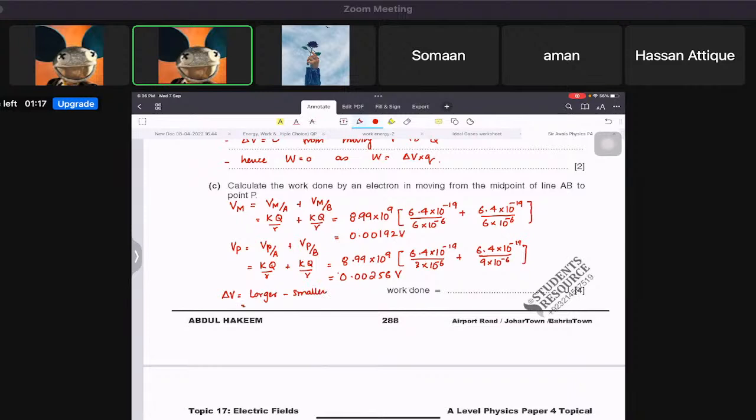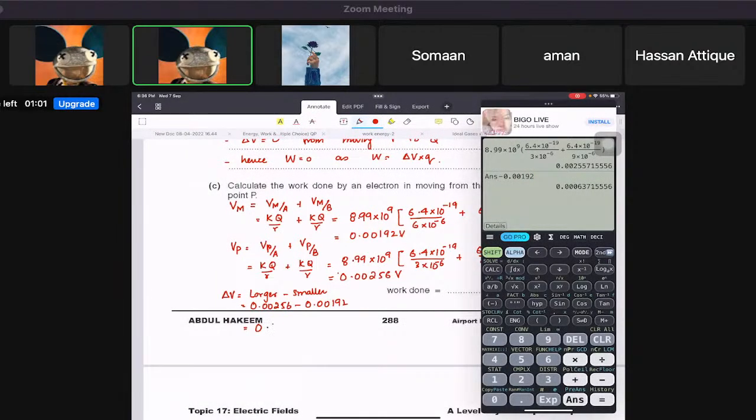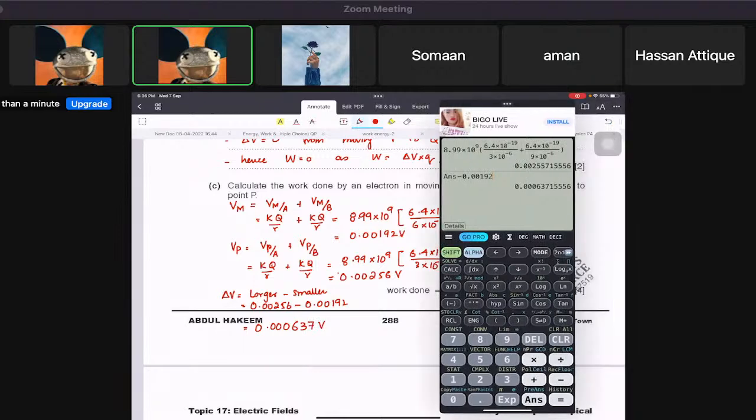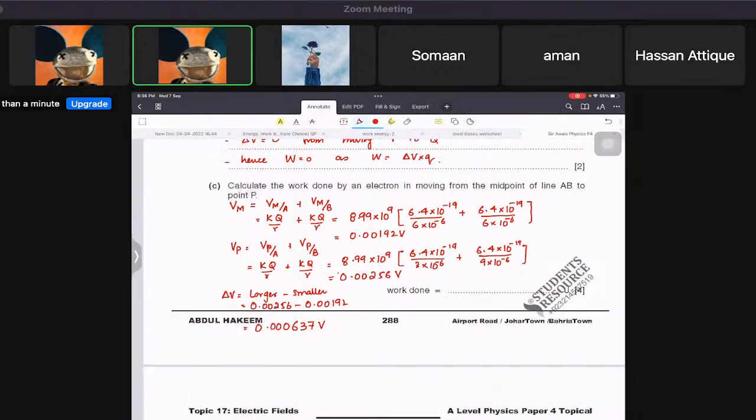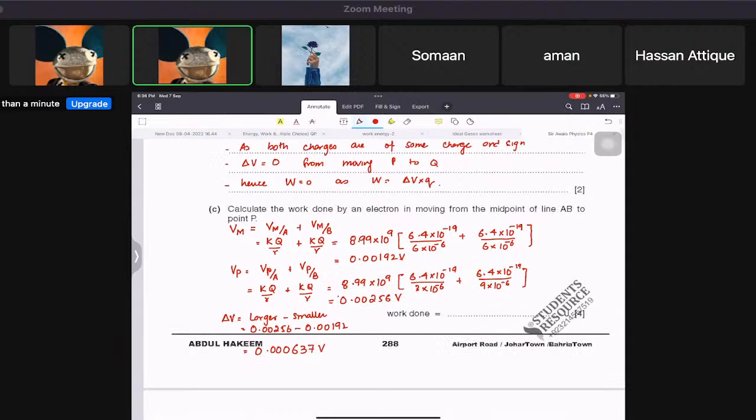So the larger value is 0.00256 minus 0.00192. So we get the answer as 0.000637 volts. Now you might be wondering for this long question why they have given us this much area. Basically in an actual exam you will have a larger area; since this is a PDF, they've shrunk it. Don't you worry about it.